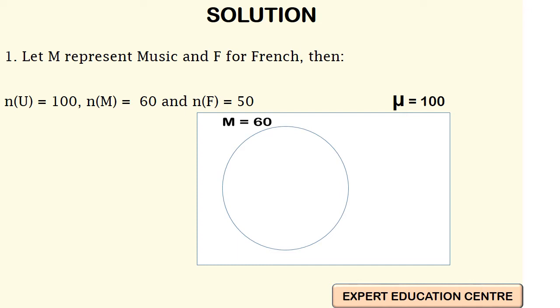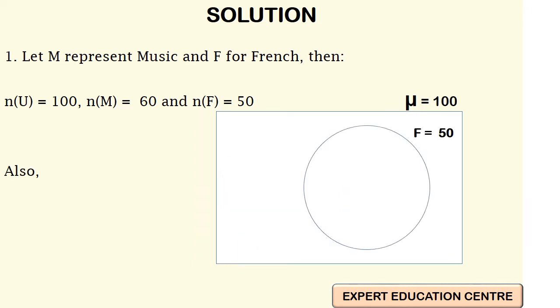There are 60 students that offer music. On the other hand, there are 50 students that offer French, represented by this second circle. Bringing the two circles into the universal set, we see that there is an overlap, and that region of overlap represents students that offer both music and French.